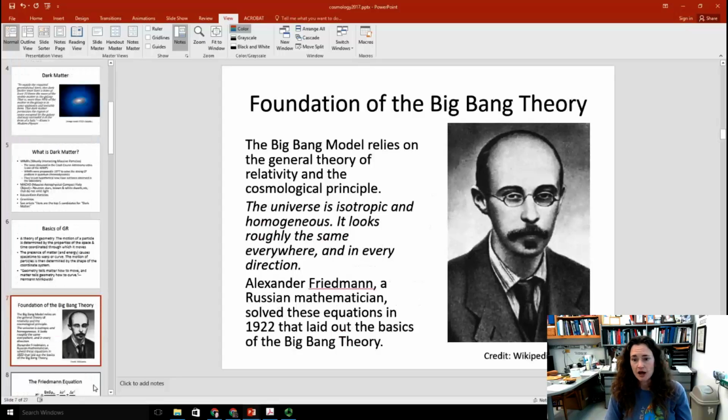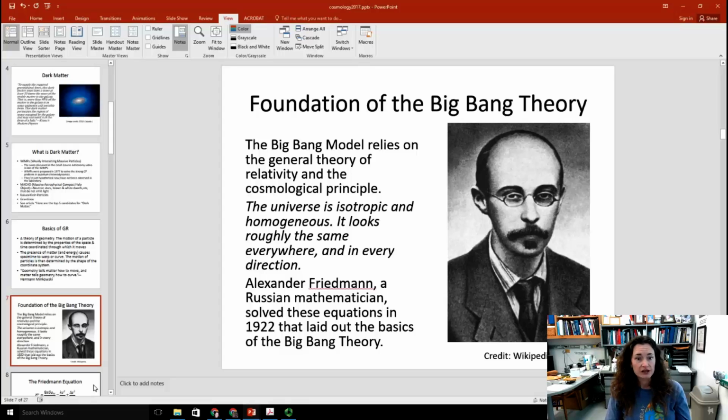Now this guy, Alexander Friedmann, he derived some equations from general relativity that laid the foundations for the Big Bang theory. Now, the Big Bang model relies on the general theory of relativity and the cosmological principle. So to remind you of the cosmological principle, that is the idea that the universe is isotropic and homogeneous.